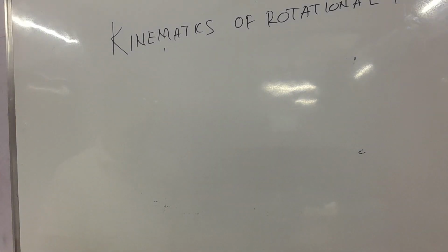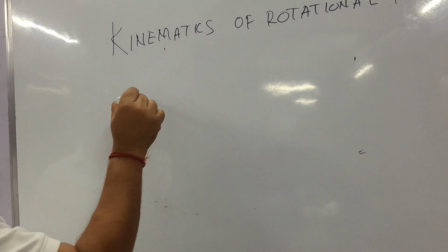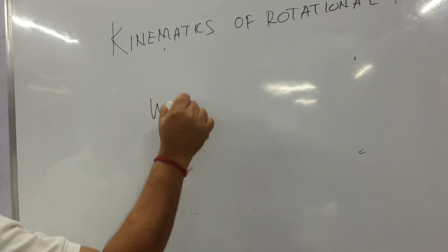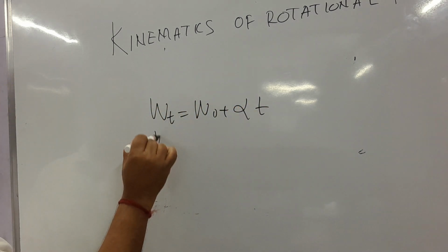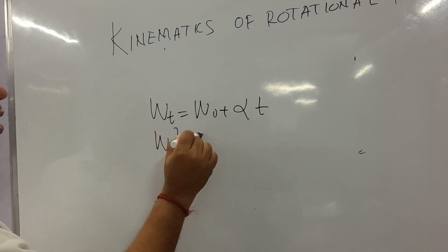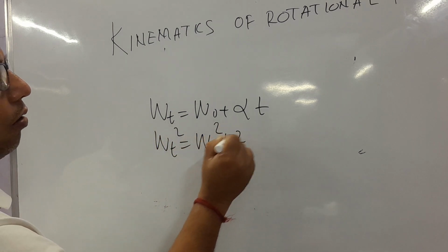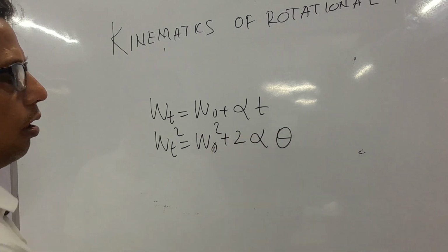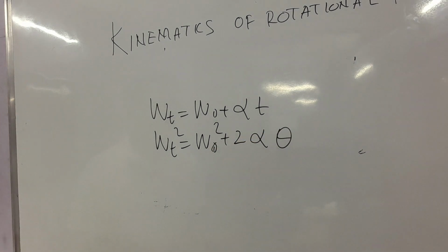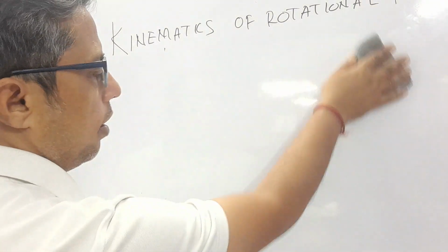Let me write one more time: omega equals omega 0 plus alpha t, and omega squared equals omega 0 squared plus 2 alpha theta.